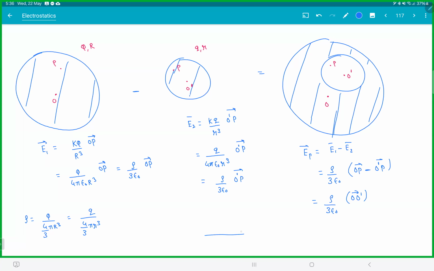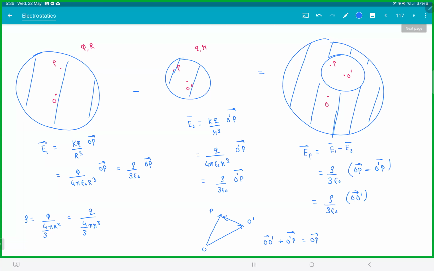Vector-wise, if you see, this is OP bar, this is O dash P bar, and this is OO dash bar. So OO dash bar plus O dash P bar, by the triangle of vectors, is OP bar. So you can substitute there: OP bar minus O dash P bar is OO dash bar.